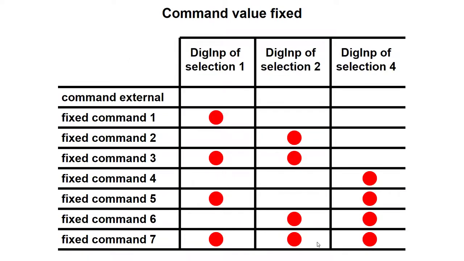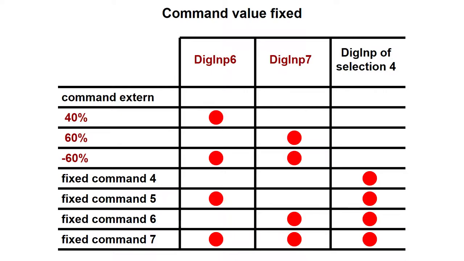The selection of these fixed command values is made binary through the up to 3 digital inputs. And because we have 3 digital inputs, you can activate up to 7 command value fixed. In our example, we will work with 2 digital inputs, input 6 and input 7.